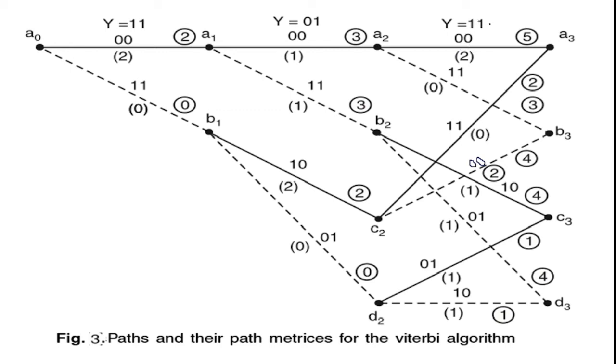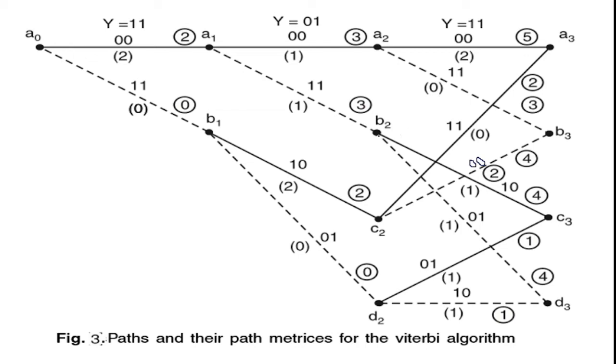Here two elements differ, so the branch metric is 2. And in this path A2 to B2, the encoded signal is 1 1 and the received signal is 1 1. Both the elements are the same, so the branch metric is 0.